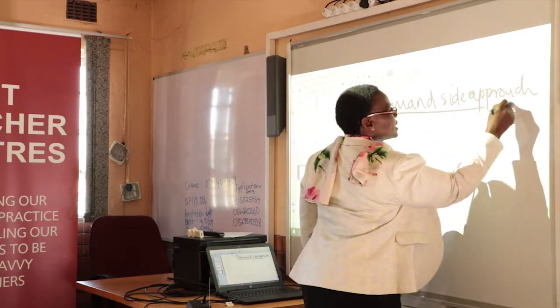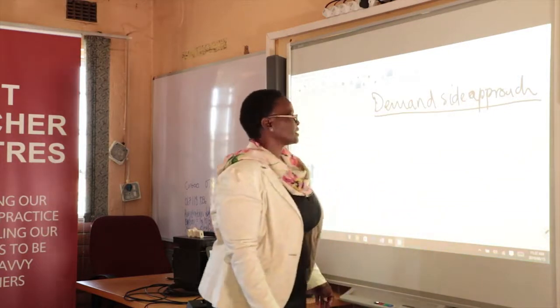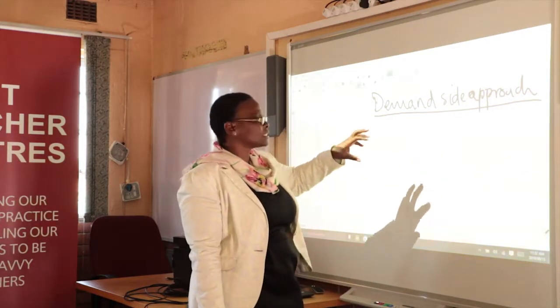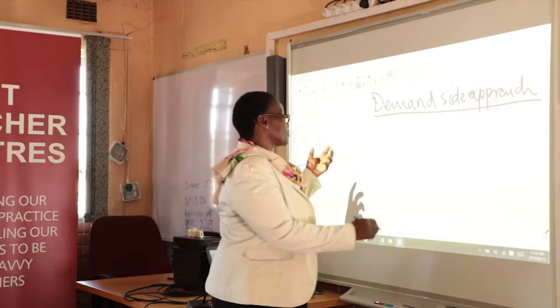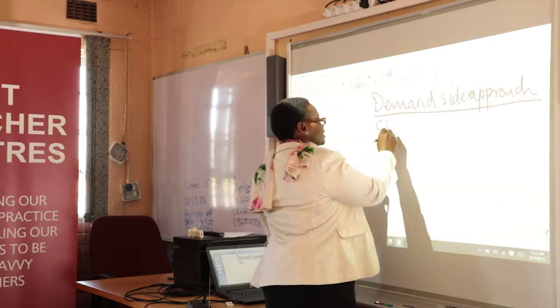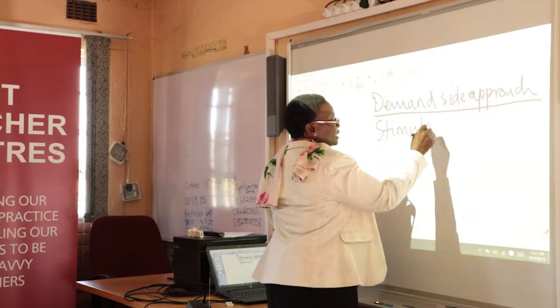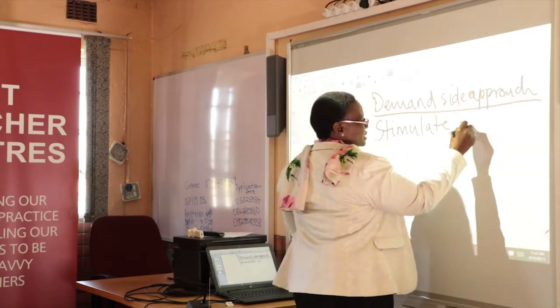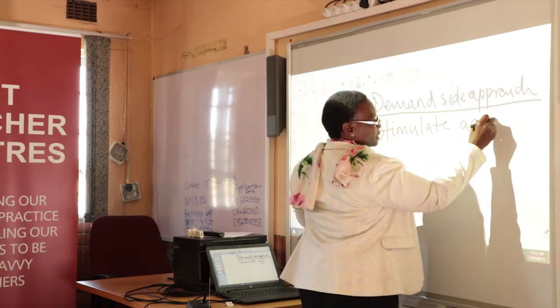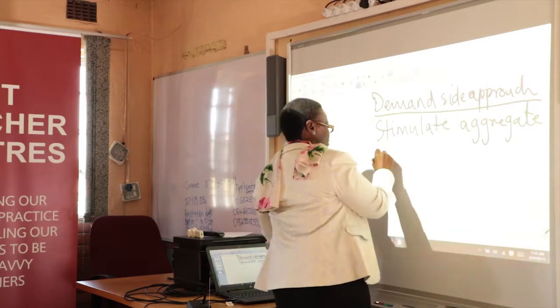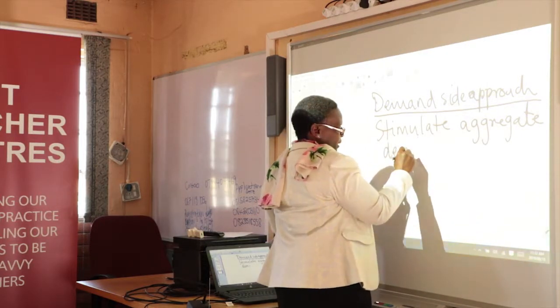Now, as the term suggests, this approach focuses on stimulating the demand side of the economy. So all the measures that would be applied here would be to stimulate aggregate demand, which is the total demand in the economy.